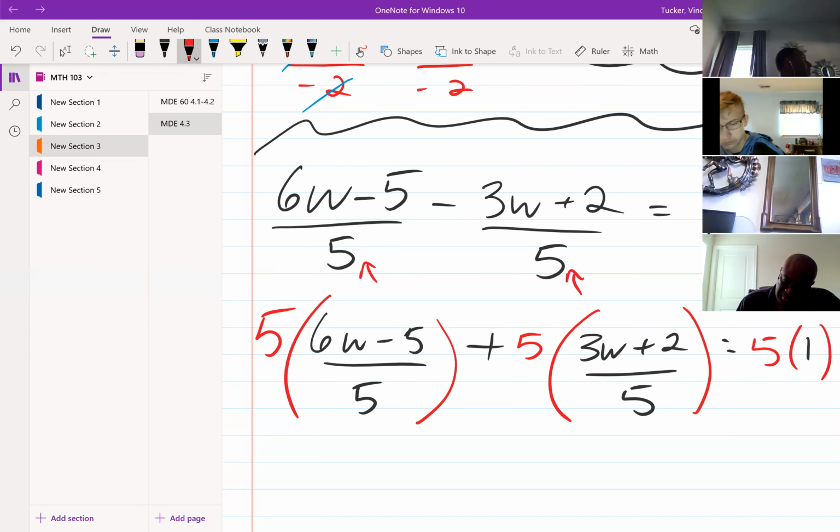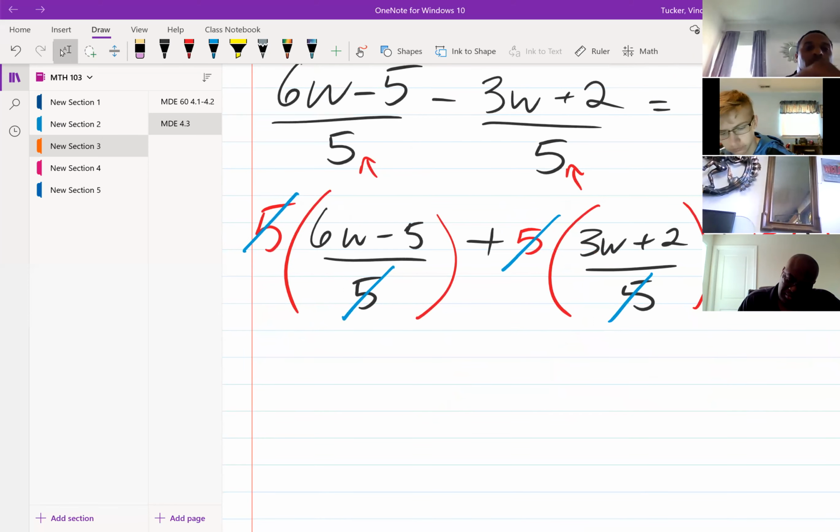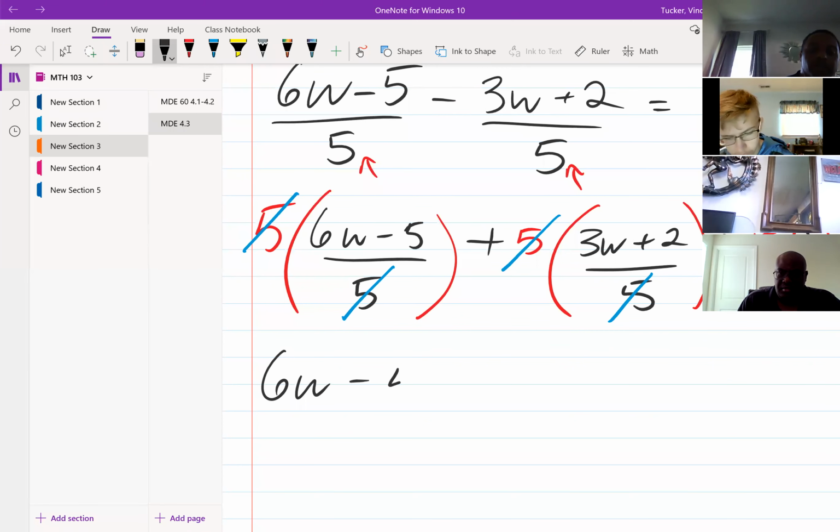We're not multiplying top and bottom by 5. We are multiplying just across the equation. So we're only multiplying the numerators by 5. All right. So what's going to happen now is that the 5s will cancel, leaving us with 6w minus 5 plus 3w plus 2.